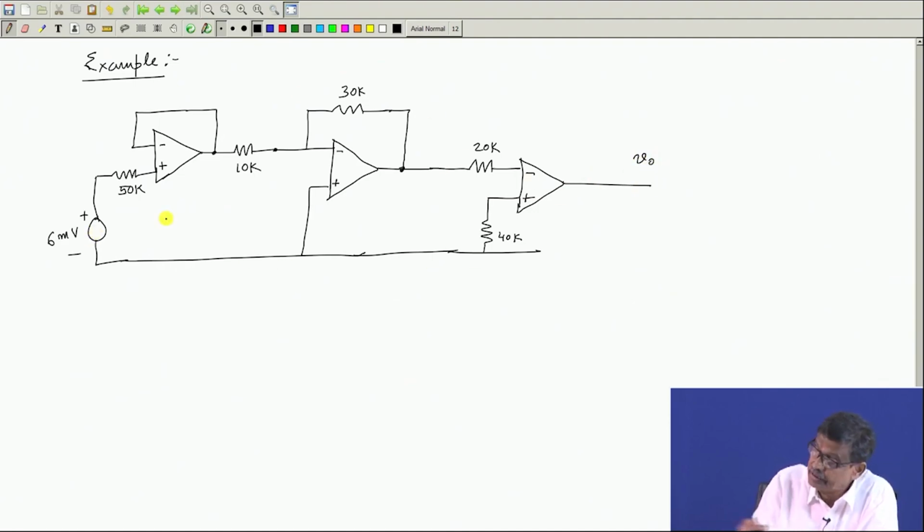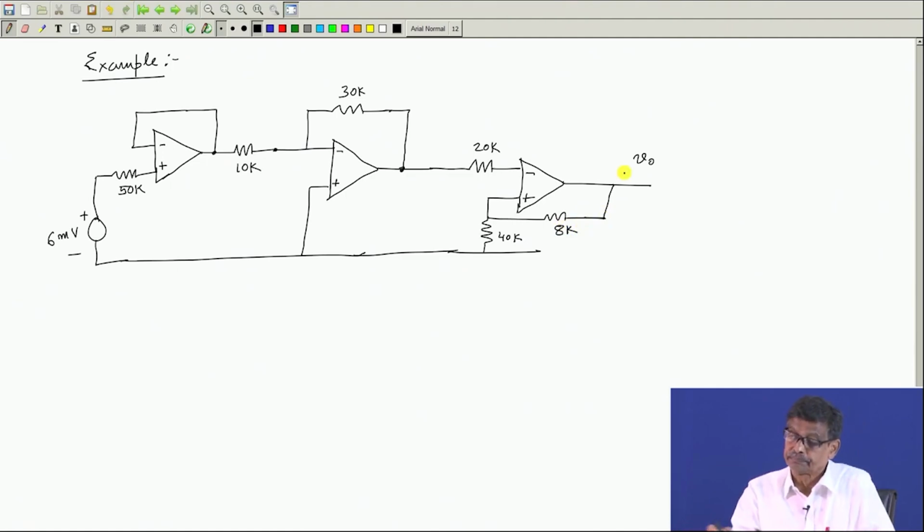This is the input signal, the output voltage, and this one is connected here by an 8 k impedance. Hopefully, I have drawn the circuit correctly.